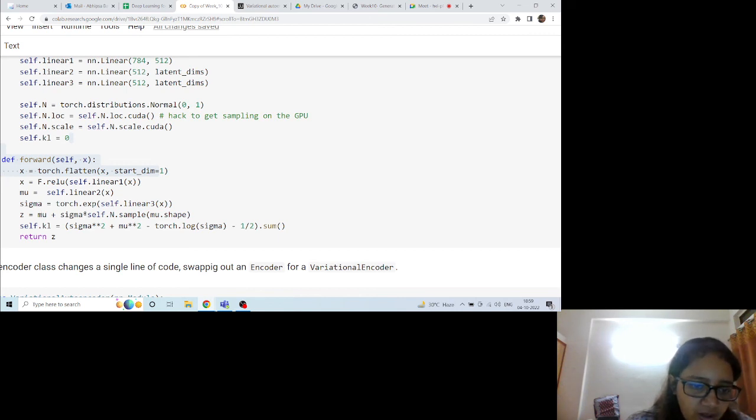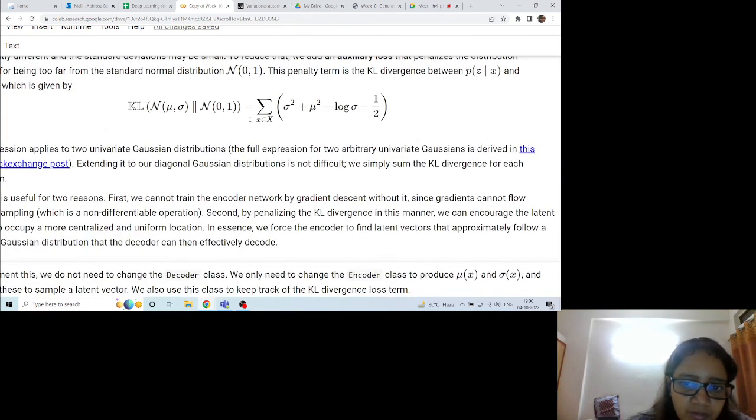Now, just like we showed in the problem, instead of sampling from mu and sigma, you take a sample from this normal 0 comma 1, the unit Gaussian, and compute mu plus sigma times epsilon, where epsilon is the sample from the unit Gaussian. You calculate the KL divergence as described above based on this equation.